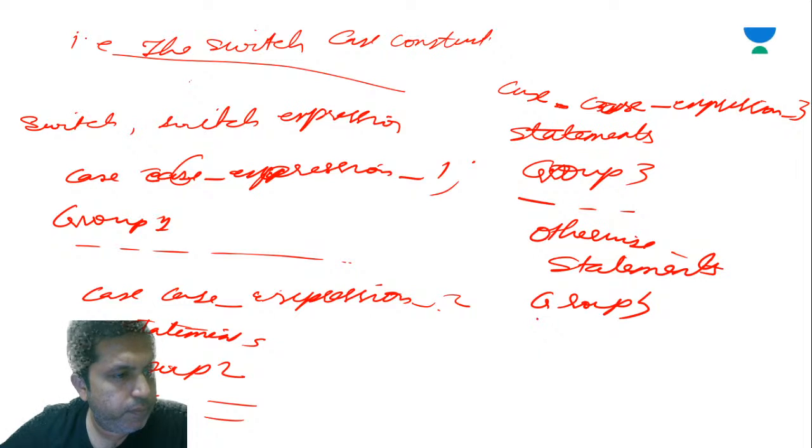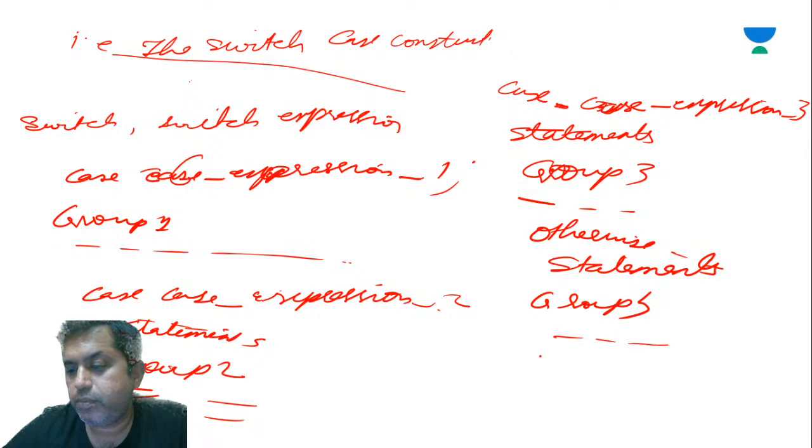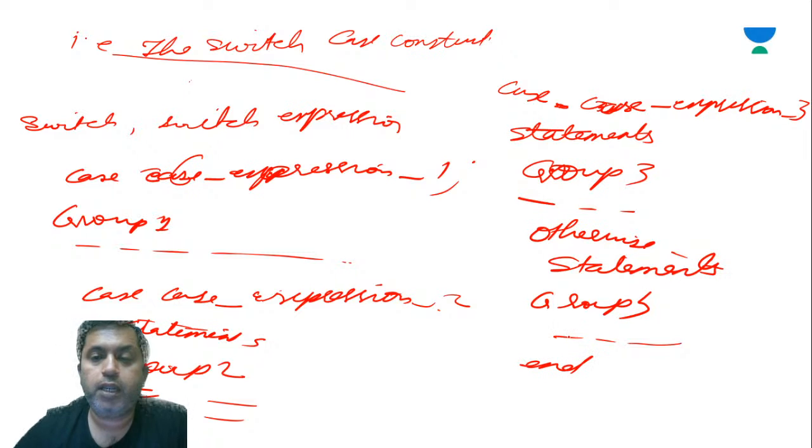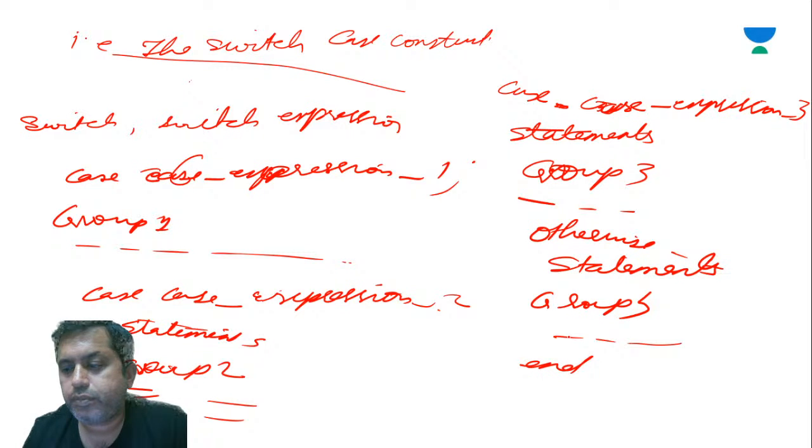Okay, group 4, then some calculation and then end. In this way you can write down the switch case construct.